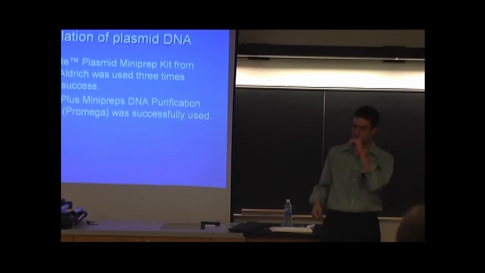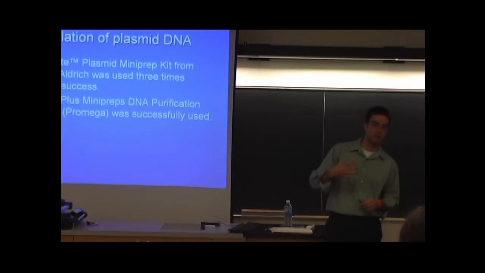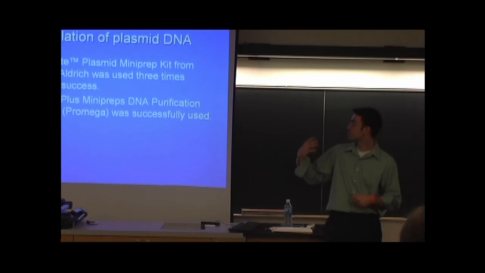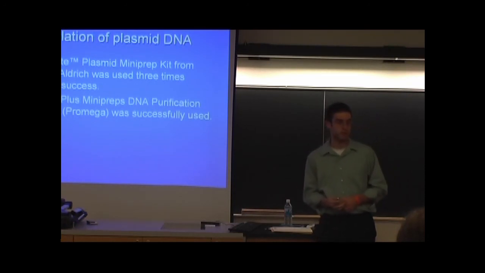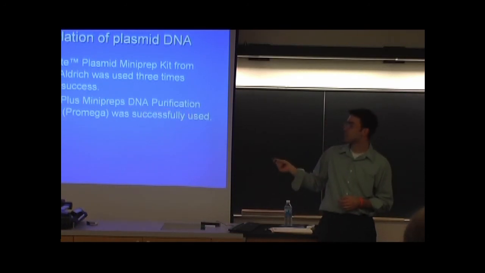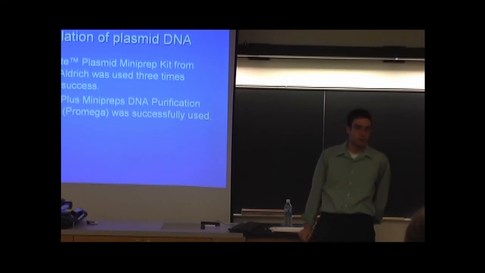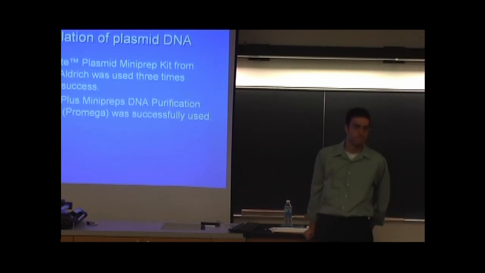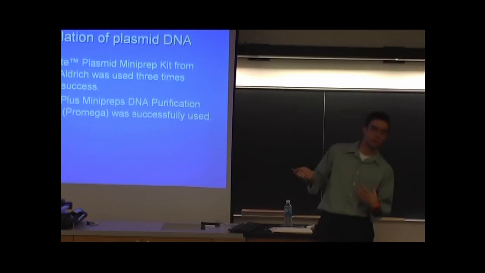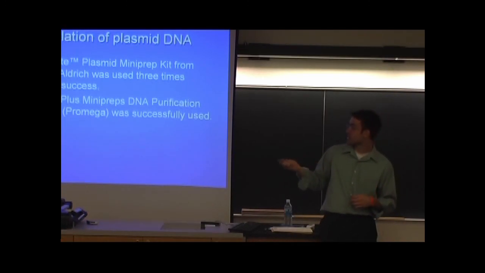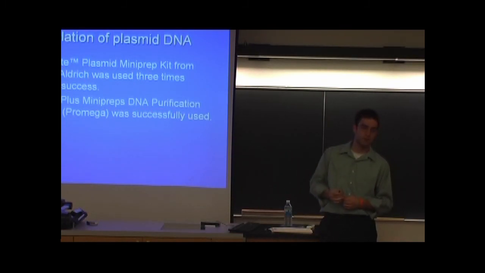Omega actually had a step where you had to run it through a filtering column twice, where this didn't necessarily use that. It used a smaller version of it, just a microcentrifuge tube, where the other was using about 30 milliliters of your solution. 30 milliliters of the overnight? Yeah, of a buffer, or I can't remember what it was, it's a resin that will bind into the filter that you put it through, and this didn't necessarily have that.